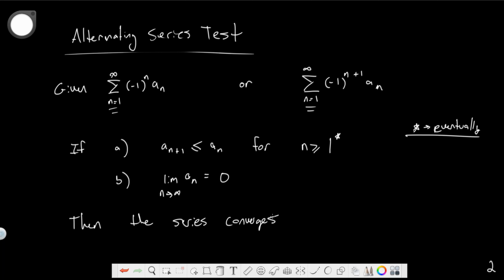I'm a big fan of the alternating series test. There is not much that you need to verify. You need to figure out that each successive term in the sequence is smaller than the previous term. And keep in mind, a sub n, those are positive values. The negative 1 to the n, the negative 1 to the n plus 1, that's what's contributing the negative, positive.